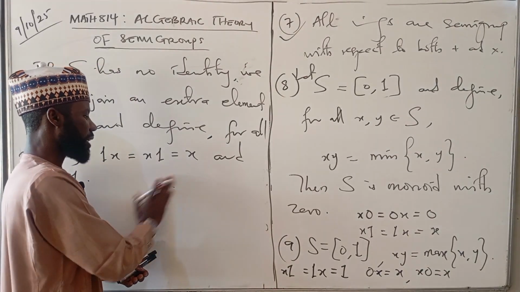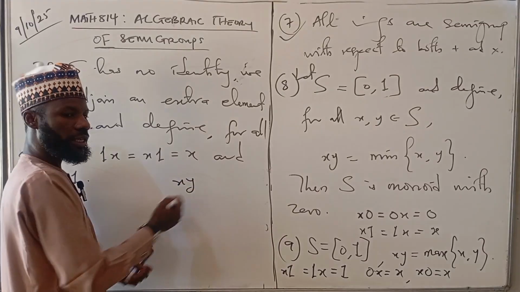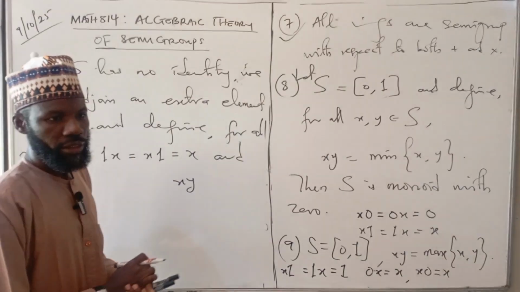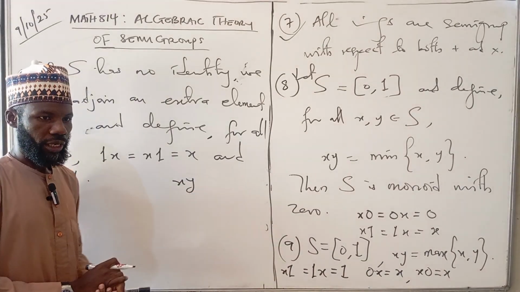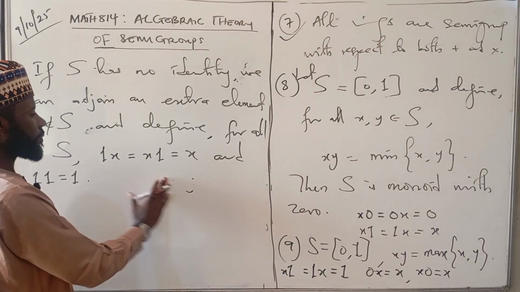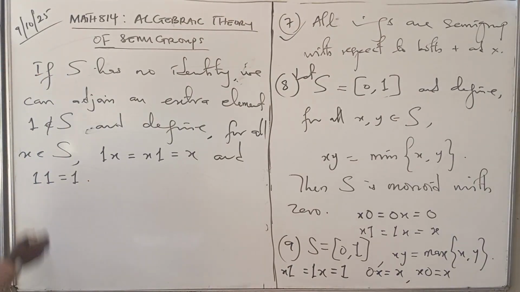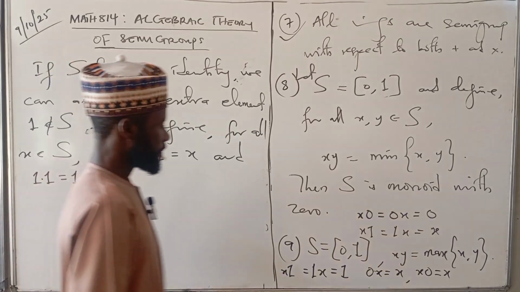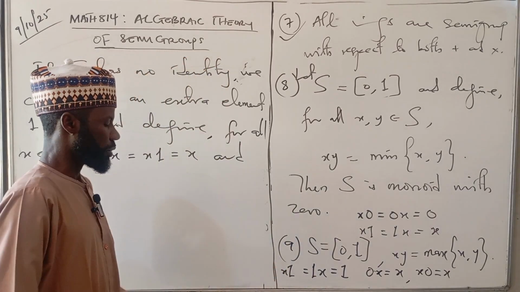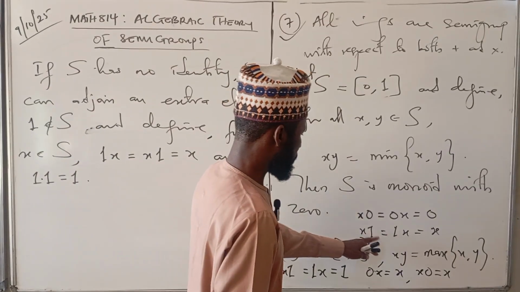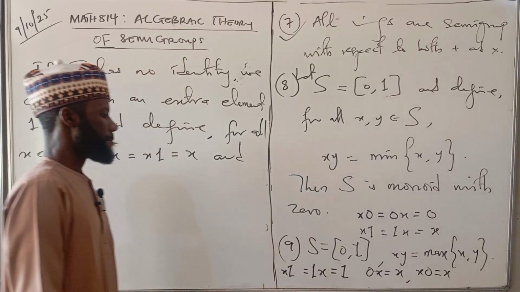But if they are not numbers and you write xy, you should understand it means x operation y. I hope it's okay. Yeah, I should have put some dots in between. Yeah, okay. If you put a dot in between here, it's okay. You can do that if you so wish. Like here, you can say x dot 1 and so on.